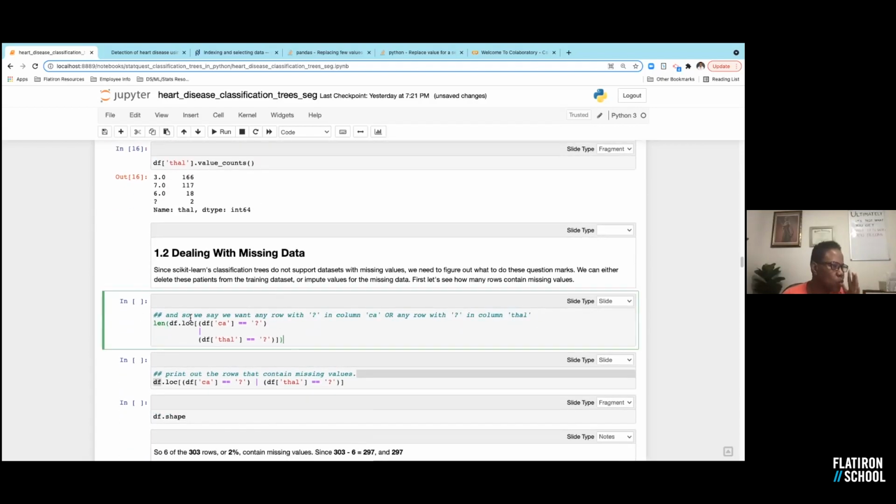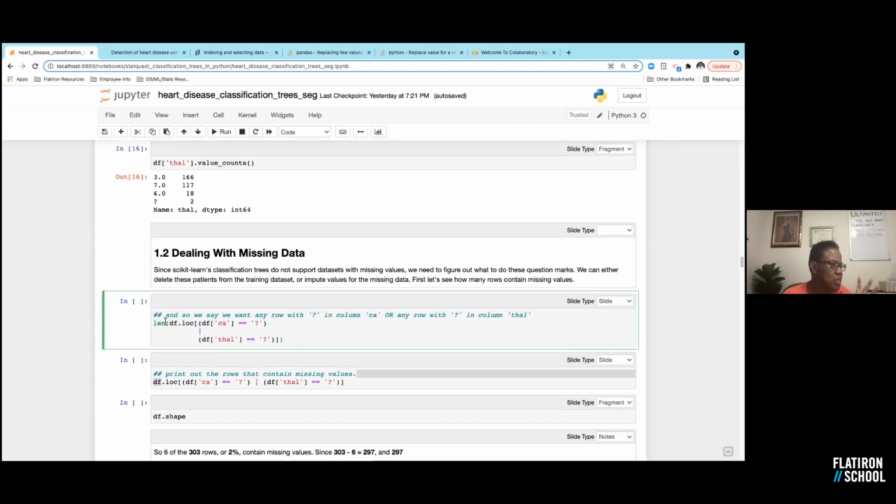So if we ran this code, which is essentially telling us we're selecting from the data set all of the rows, right? That's what the loop does. We're selecting the rows where the value is this question mark. We're doing that for the CA column as well as the thal column.